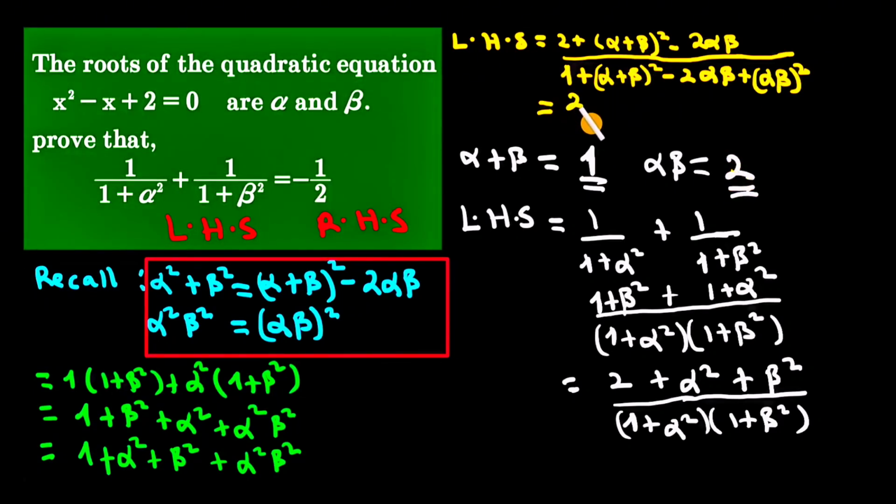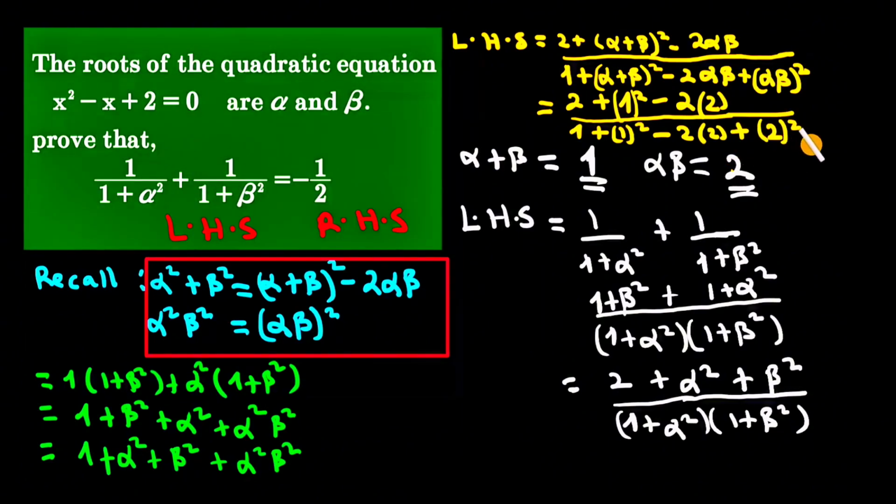That is 2 plus 1 squared, that's alpha plus beta squared, so I'll have 1 all the squared, minus 2 into alpha beta, which is 2. So here I have 2 all over 1 plus alpha plus beta squared. That is 1 plus 1 all that squared, minus 2 into alpha beta, which is 2. That is 2 plus 2 all that squared, since alpha beta is 2.